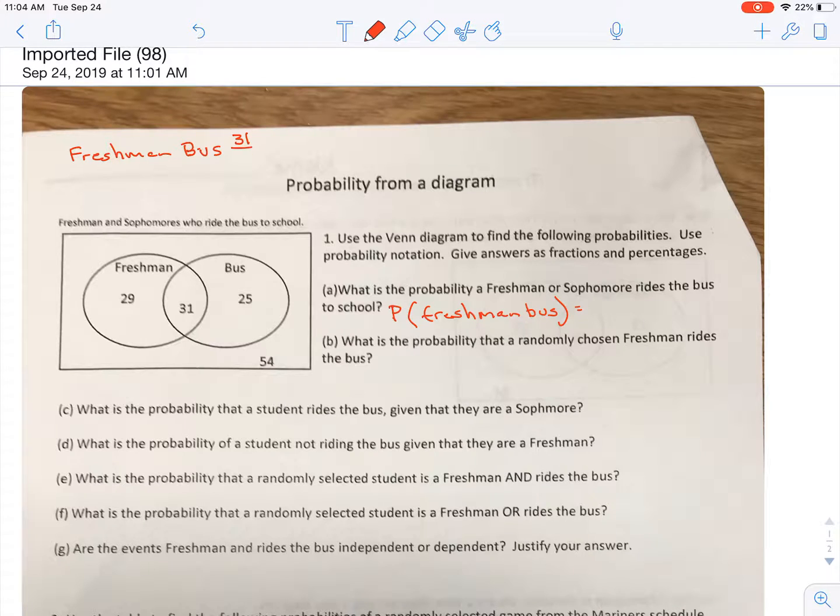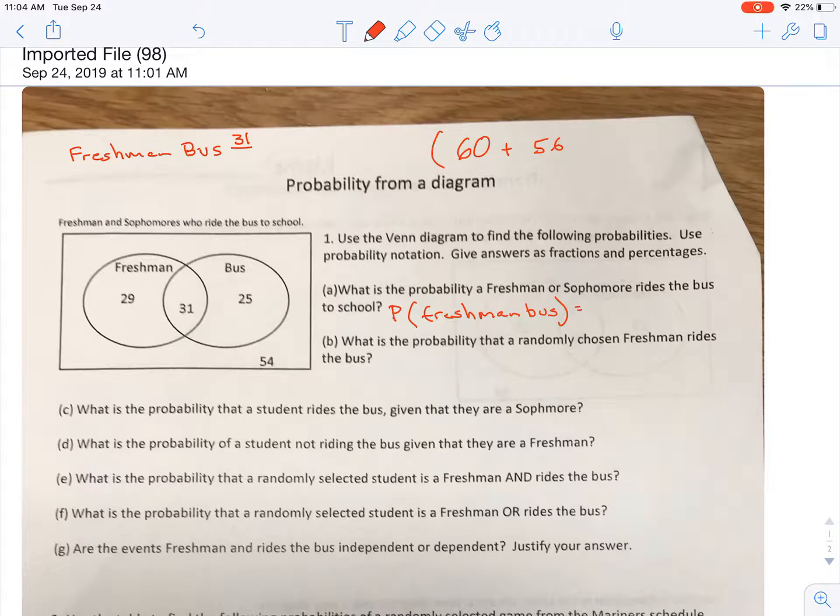So if I'm doing that, please listen, as this can be a little complicated. I'm going to add up the freshman circle and the bus circle together, all of it. Okay, so how many freshmen are there? That would be 29 plus 31. And how many bus riders are there? That would be 31 plus 25, which is 56.